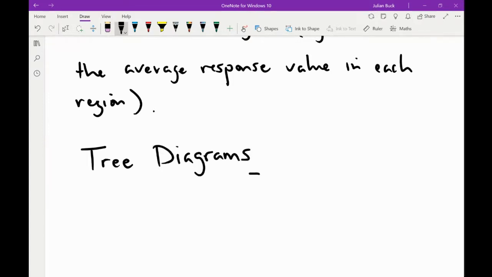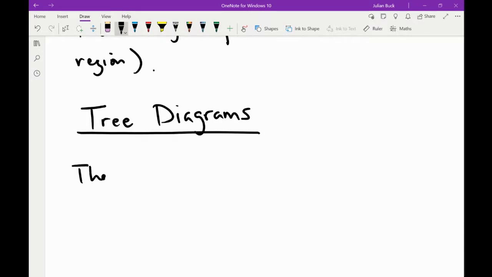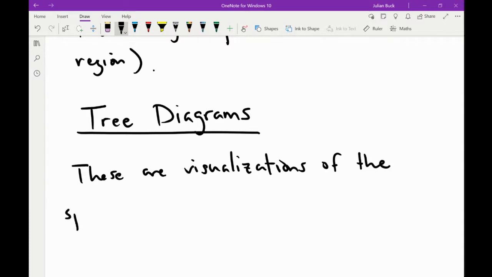One of the nice things with tree-based models, decision trees as we're going to call them, is that we can visualize what's going on, how the model is working, and how decisions are being made. Okay. So tree diagrams are visualizations of what we call the splitting rules, i.e., the decisions the algorithm is making.